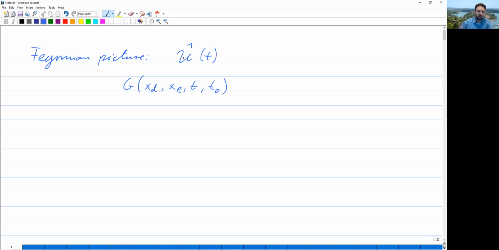So emitting a particle at location xe at time t0, and then we ask what's the probability that this particle shows up at time t at position xd. The Green's function gives us the probability amplitude for that, and it is the corresponding matrix element of the time evolution operator.